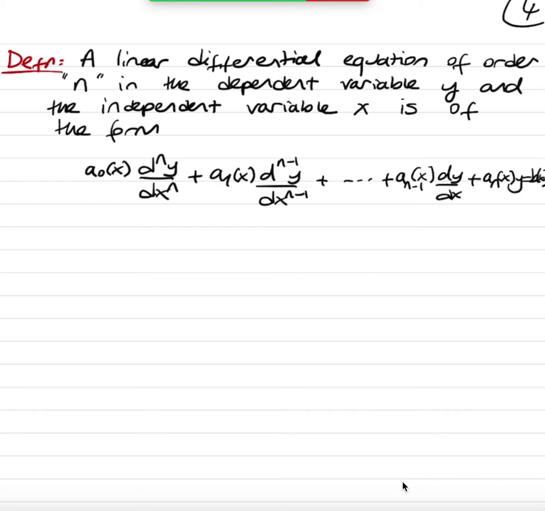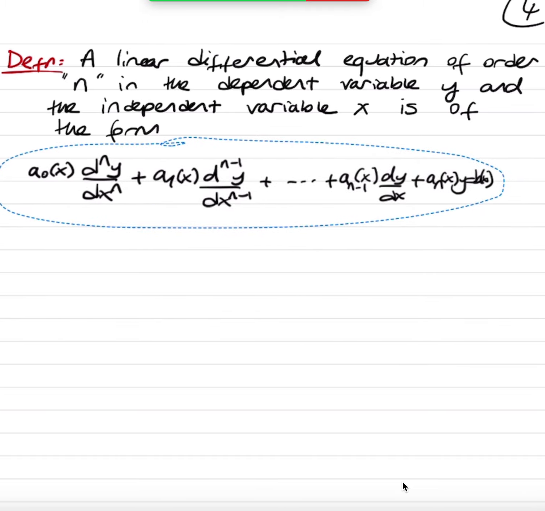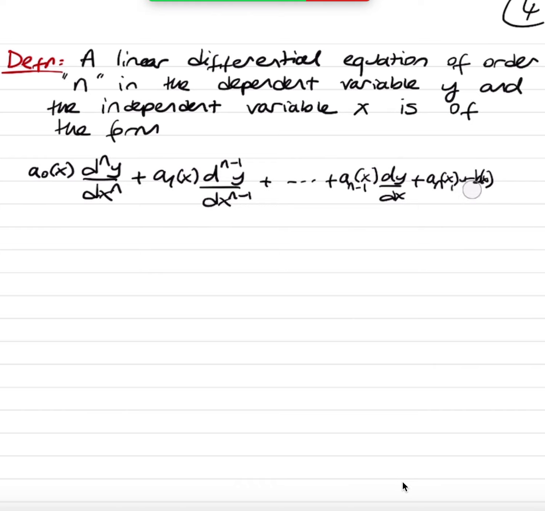So the coefficients depend only on x. Let me write the formal definition.